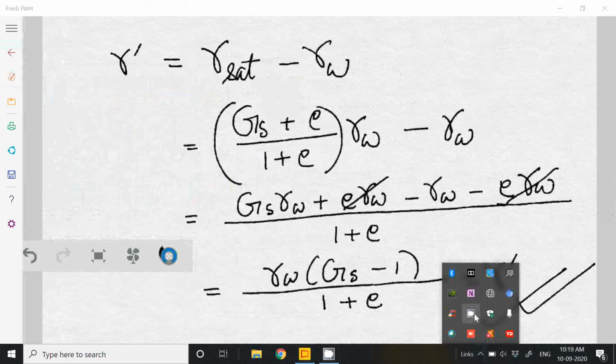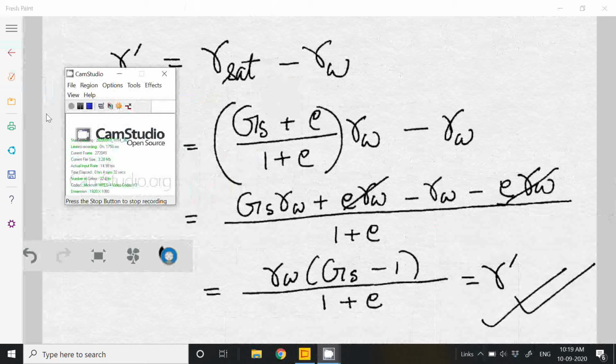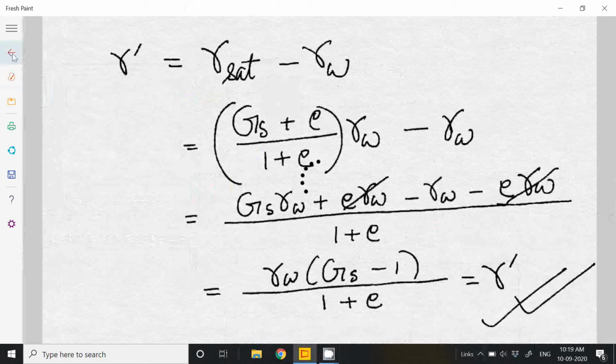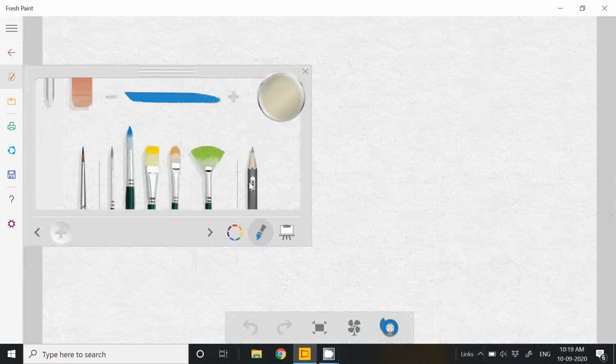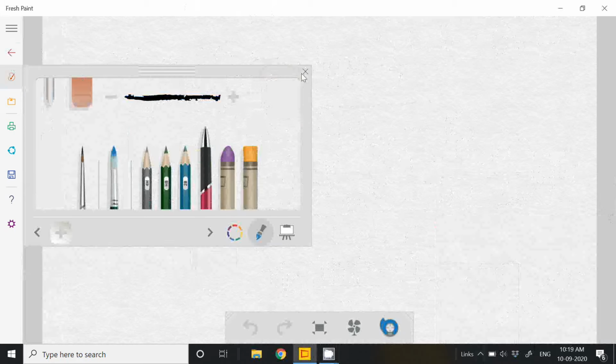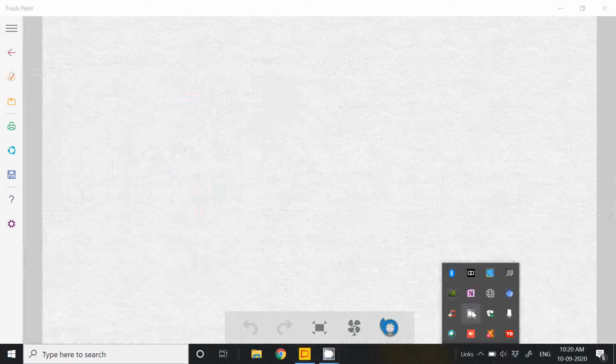Now there was one relation between weight of solids and total weight. If you remember the relation, you can start writing it down. Similarly, there is one relation between dry unit weight and bulk unit weight. So let us write down the formula.